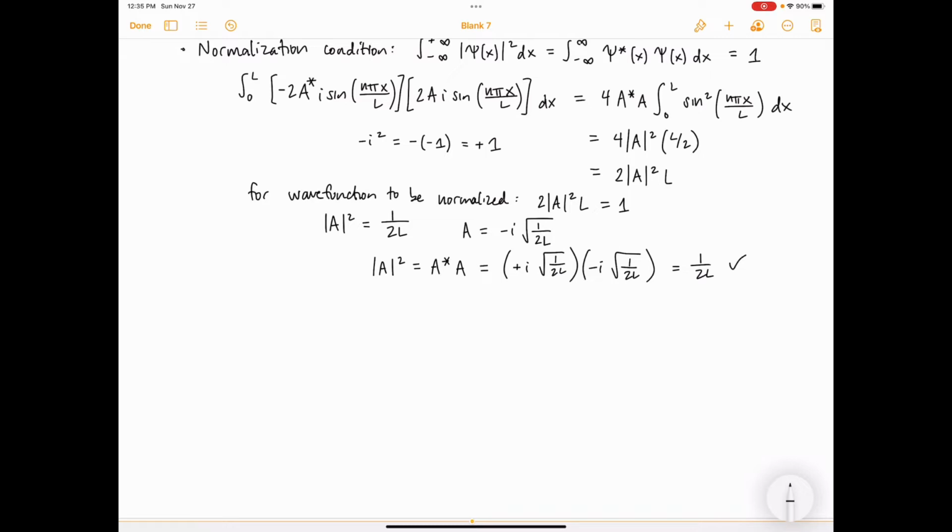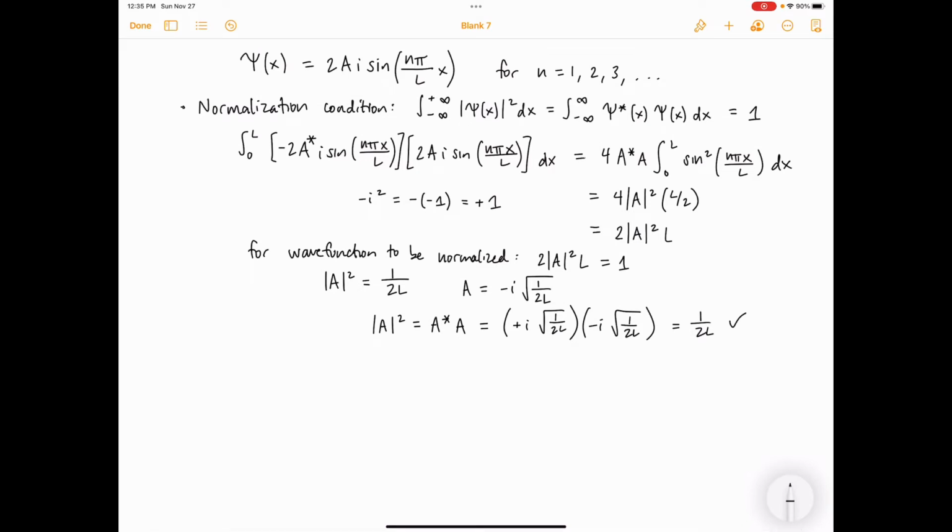And it's useful to define A with the complex number i out front, because if we scroll back up here, remember, this is our wave function. So I'm going to plug that value of A into the wave function, and you'll see that psi of x is equal to 2 times A, which is minus i times the square root of 1 over 2L, and then that's multiplying i, and then that's multiplying sine of n pi x over L. So we have minus i times i in this thing, which is just equal to 1.